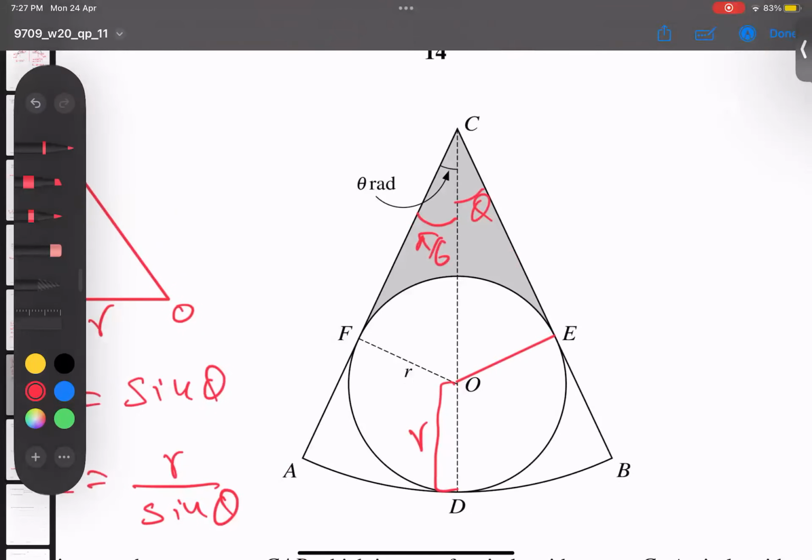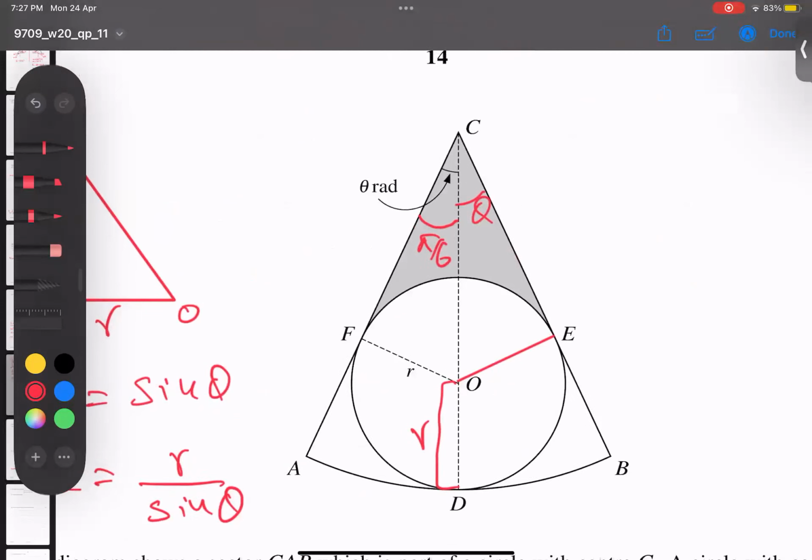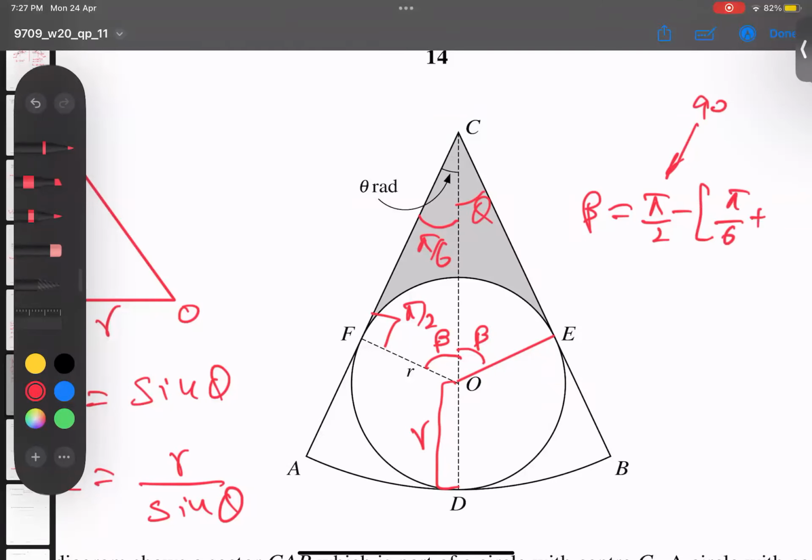This is pi by 6. And for your knowledge, this is 90 degrees, which means pi by 2. How to get this angle alpha? Or not, it's beta, this one. And into 2, I'll get 2 betas. Wait a minute.